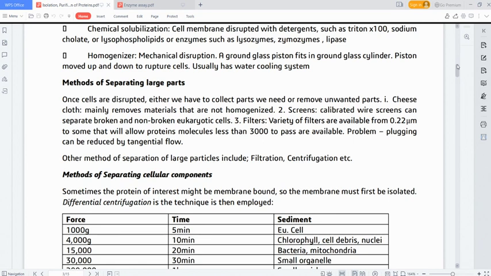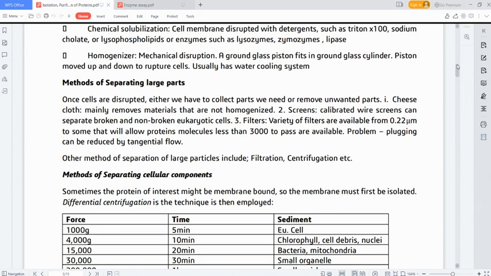Now when we have finished grinding, the next thing is separating this. So the first thing we do is separating the large particles. What methods do we use in separating the large particles? One, we can use a cheesecloth to remove the bigger particles. Down here you can use that cloth they use in sieving pap or akamu.